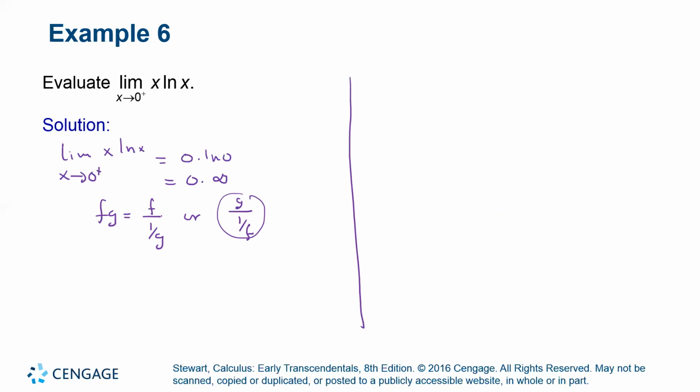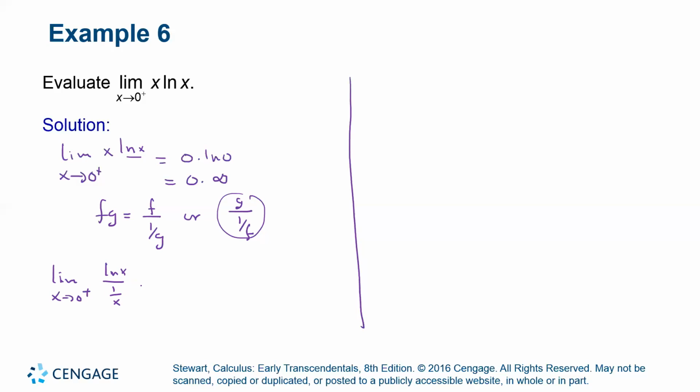Okay. Now, if you use this approach, let's see how that is going to be. My g is natural log of x, so keep that: natural log of x over 1 over x.